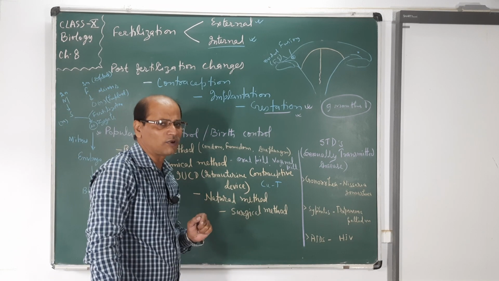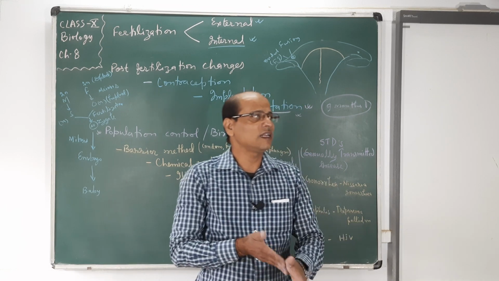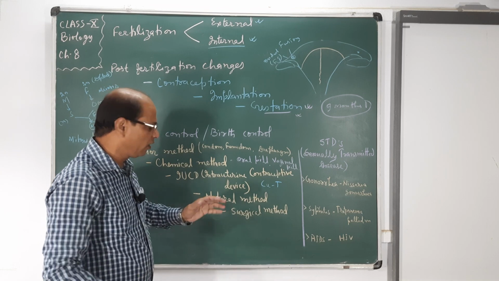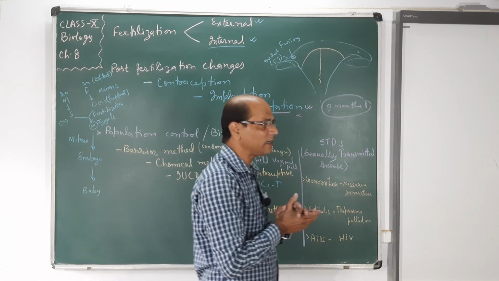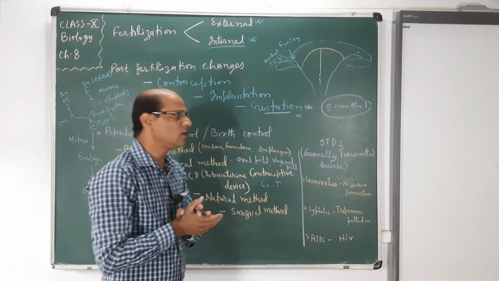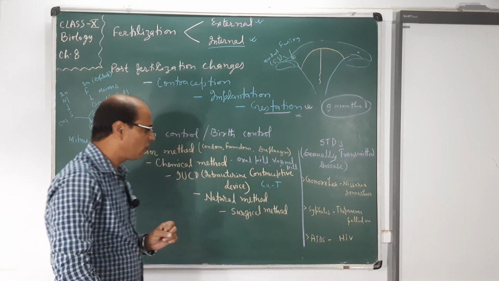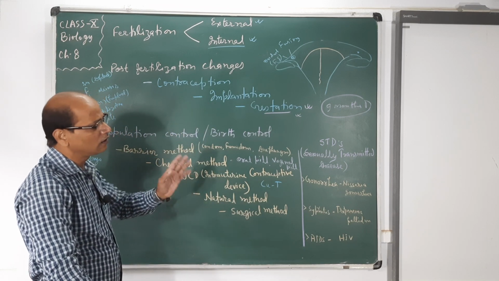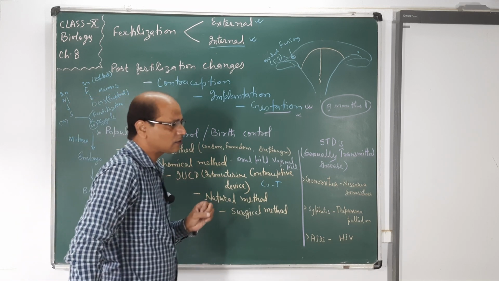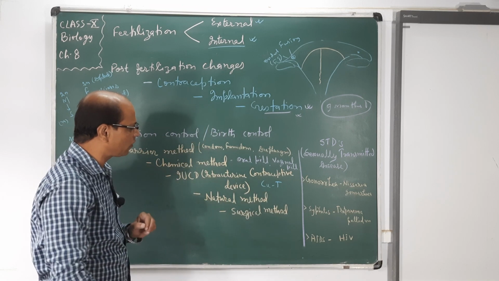Now natural methods, what? Natural method means the method which occurs naturally, in which counting of days is required, and if sexual intercourse is going on, the sperm should not be poured inside the uterus or inside the female's body, because in this case we have to control the population by natural ways.